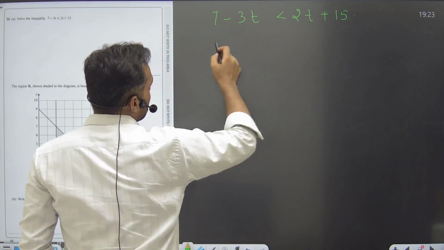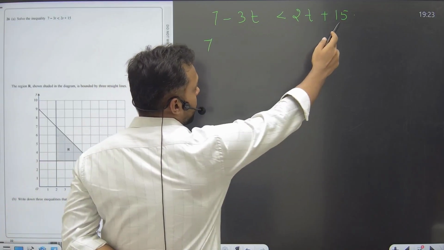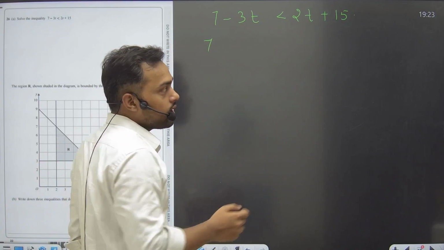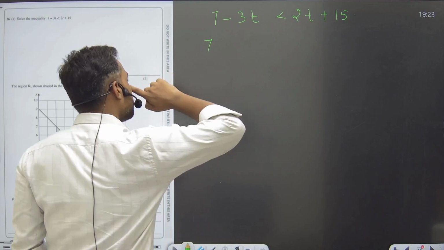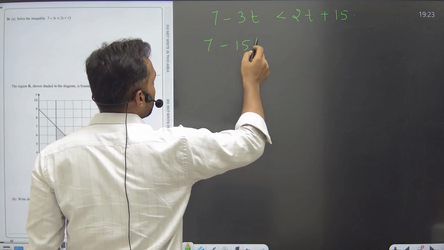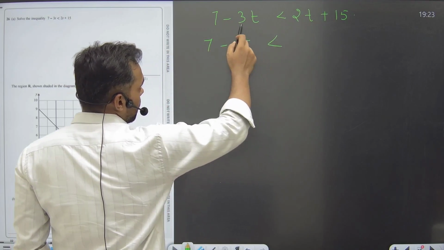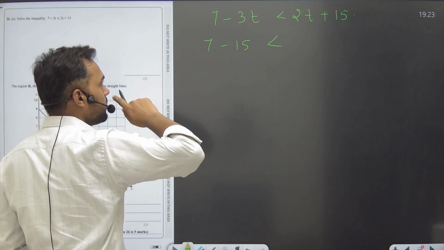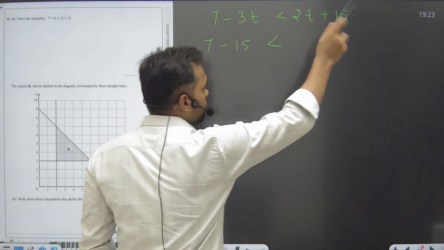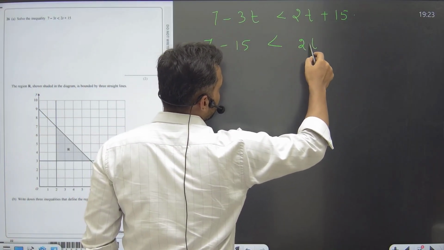So 7 here, the sign with 15 is positive, so if we are transposing it to the left hand side, it will become 7 minus 15. And similarly, the sign with the 3t is negative, so we are transposing it to the right hand side, so it will be positive 2t plus 3t.